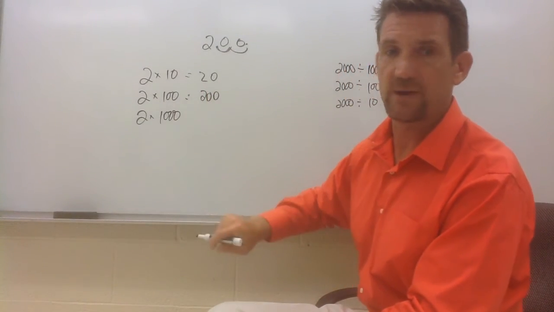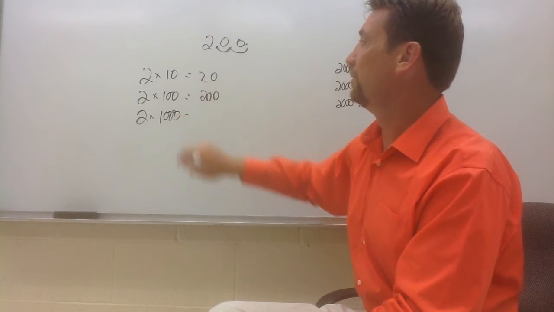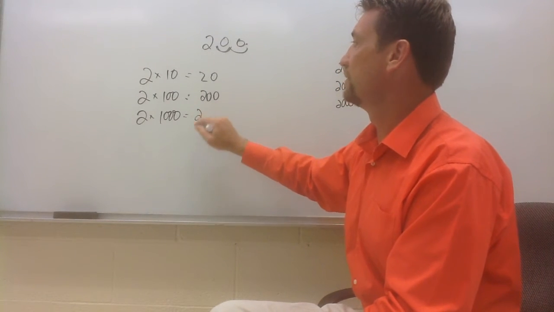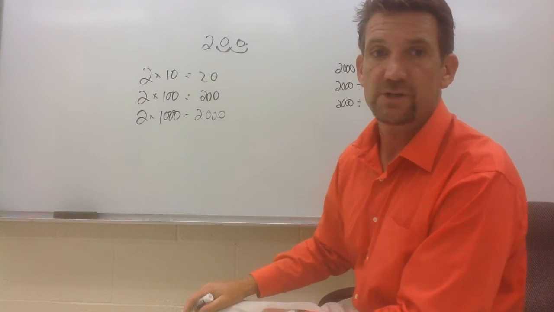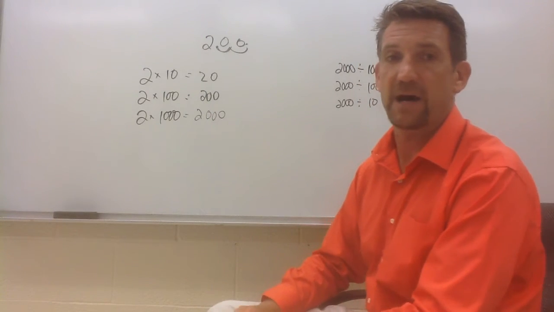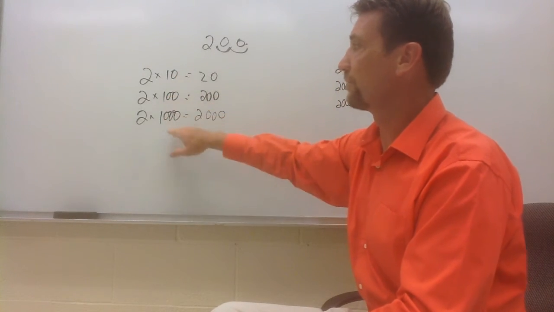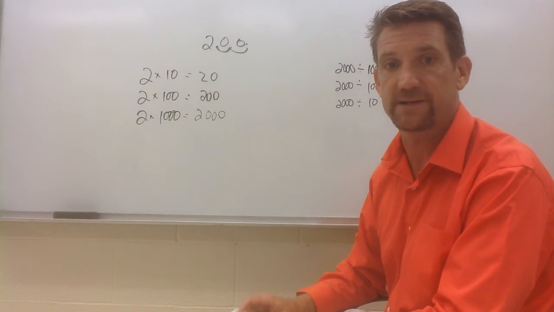Same, 2 times 1,000. Notice there are 3 zeros in that 1,000. We're going to move the decimal 3 places to the right. 2 times 1,000, 2,000. So when you're multiplying by a power of 10, you can count the zeros, 1, 2, or 3, and move the decimal that many places to the right.